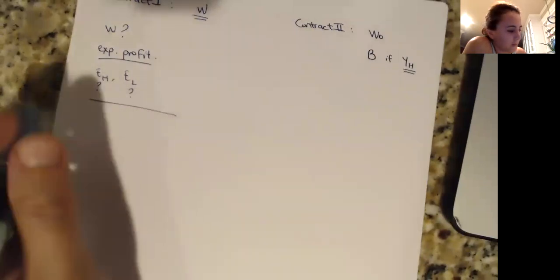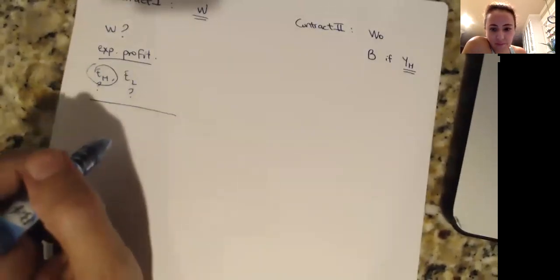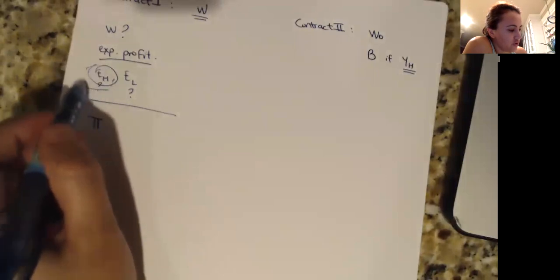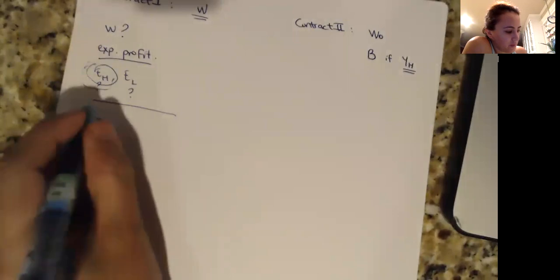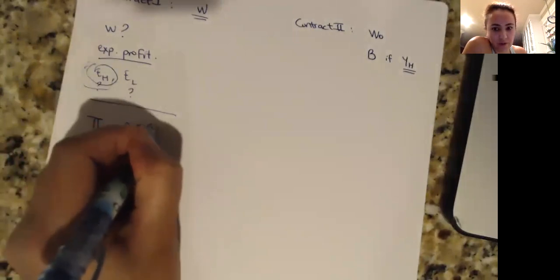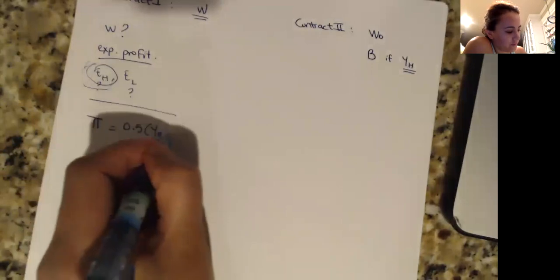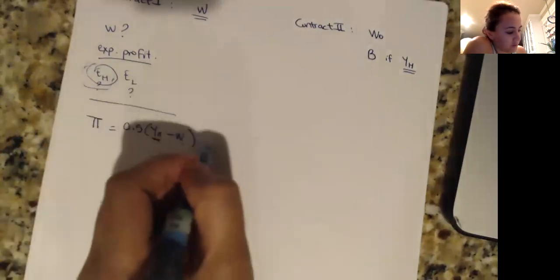Let's talk about the H-type person. Remember that if the person shows high effort, the profit of the firm is going to be an expected profit because there's a probability of high output and there's a probability of low output. And I'm offering W to the high type.